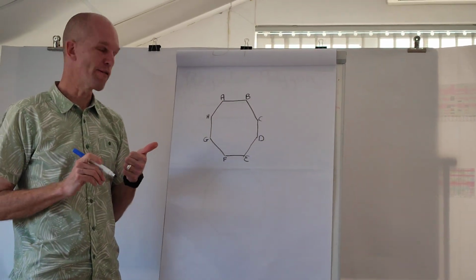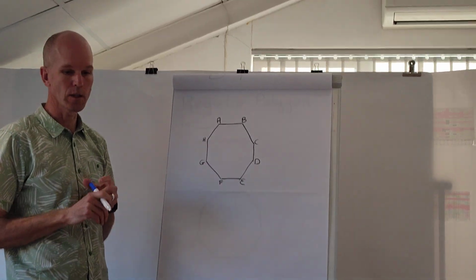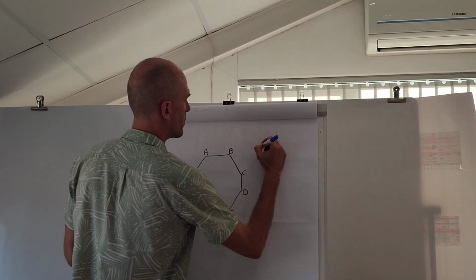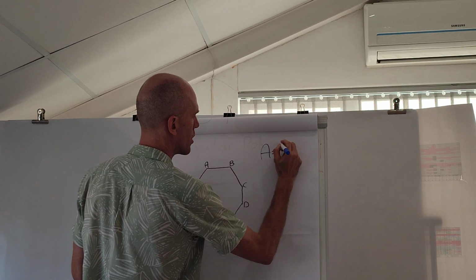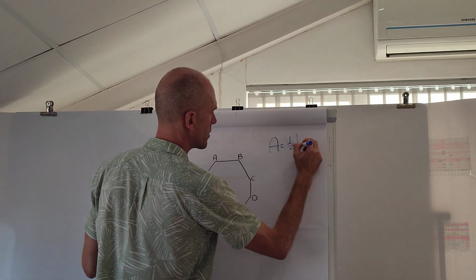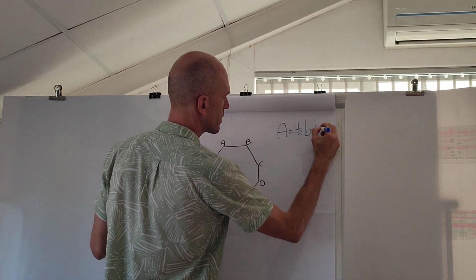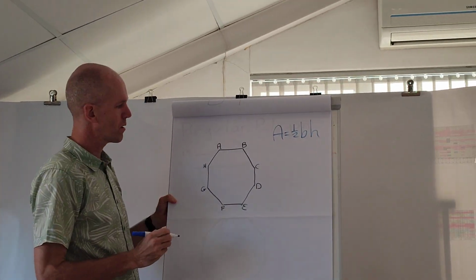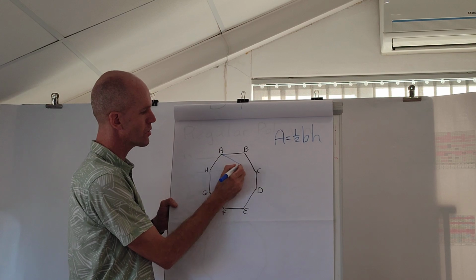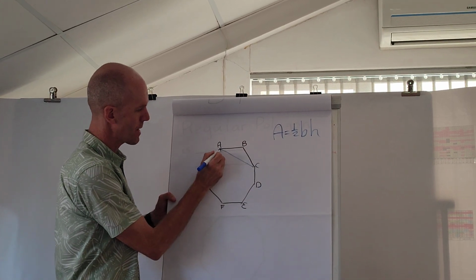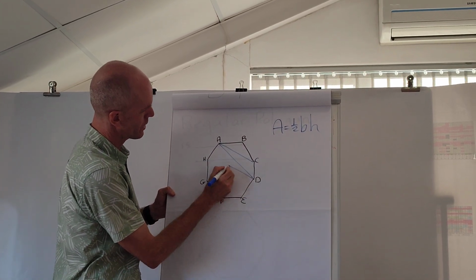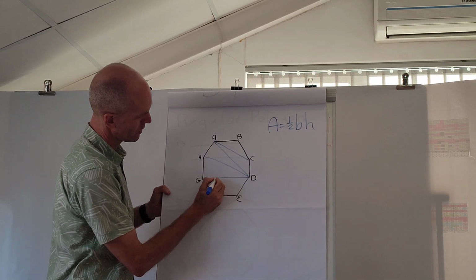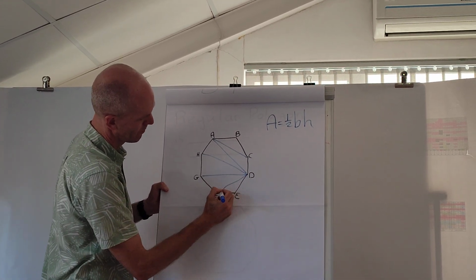I know the formula for a triangle is, we've just had it, half base times height. So that's the base times height. What if I divided this polygon into triangles? So I make a triangle there, a triangle there, a triangle there, and a triangle there.